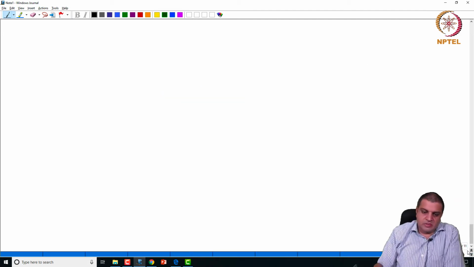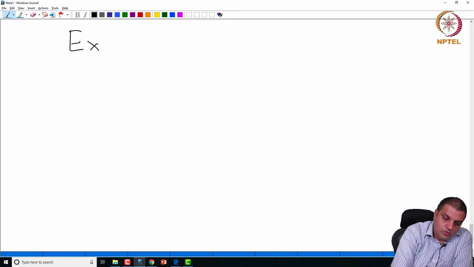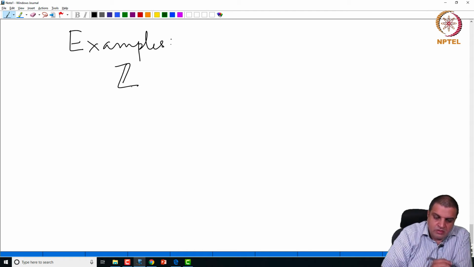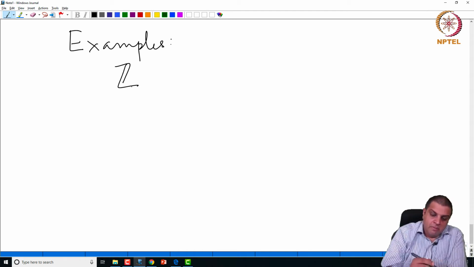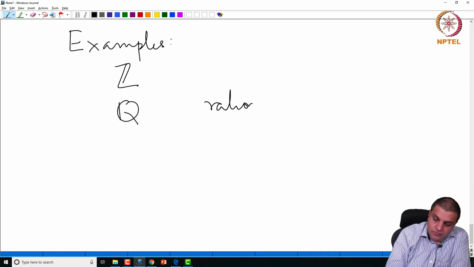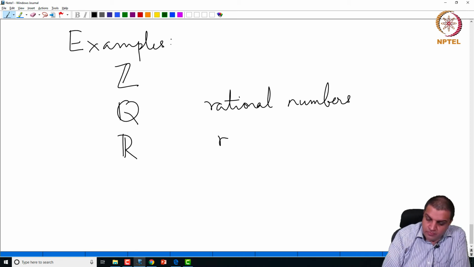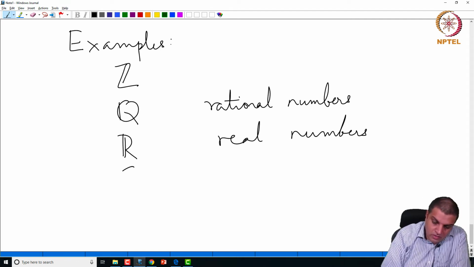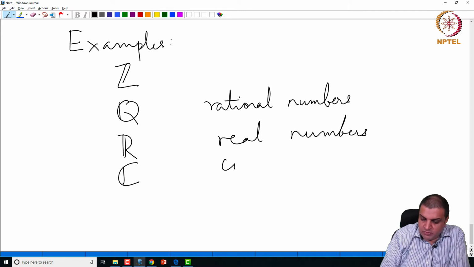So let's look at some examples. The ring of integers that we already saw, then the set of rational numbers, the set of real numbers, the set of complex numbers.